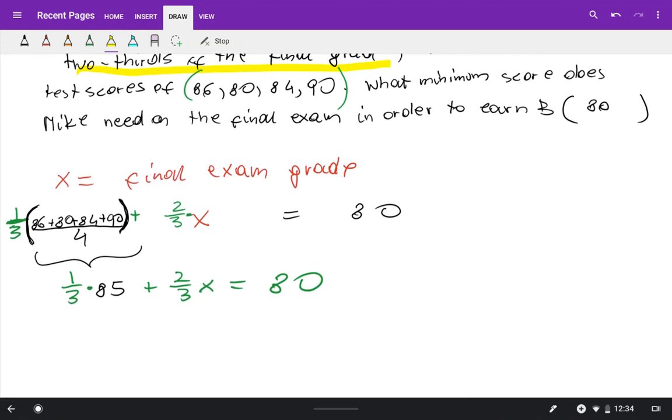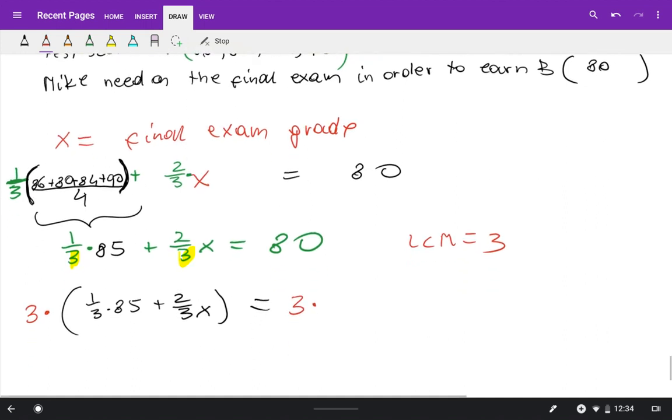Like you see, your denominator is 3, so I'm going to multiply both sides by 3. Your LCM is 3. So I have 3 times, I copy the left side of the equation, which is 1/3 times 85 plus 2/3 x. It's equal to 3 times the right side, which is 80.